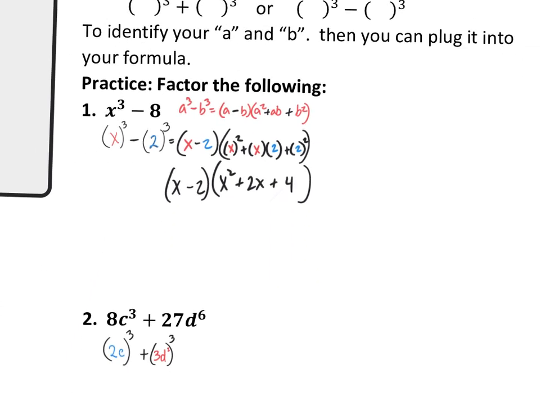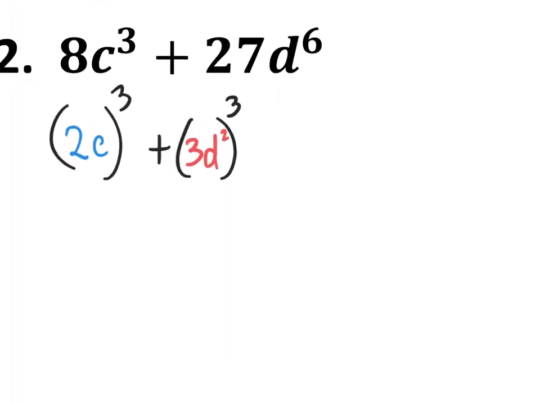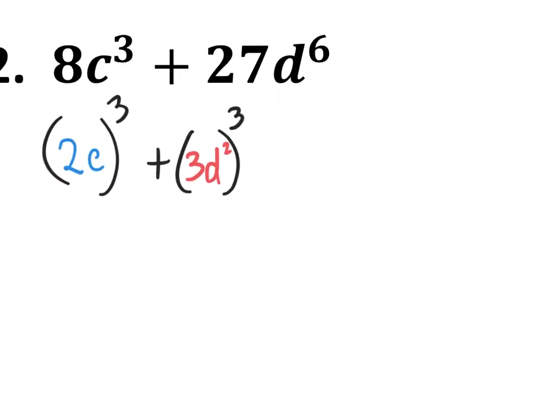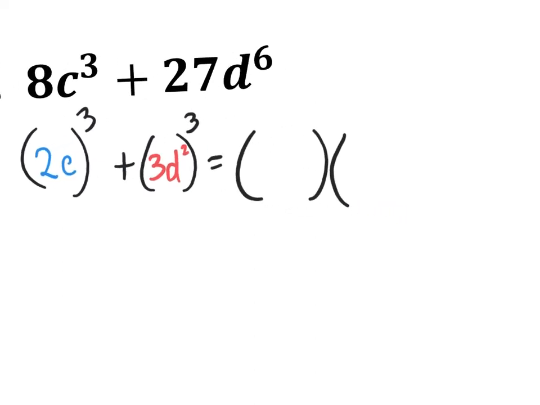That's the only way to identify the values that you're actually going to be plugging into your formula, which is going to ultimately be a binomial times a trinomial, okay? So this is the sum of two cubes, all right? I don't know, should we write the sum of two cubes formula or should we just go with it? We have a binomial times a trinomial. Let me zoom out a bit to make that trinomial bigger.